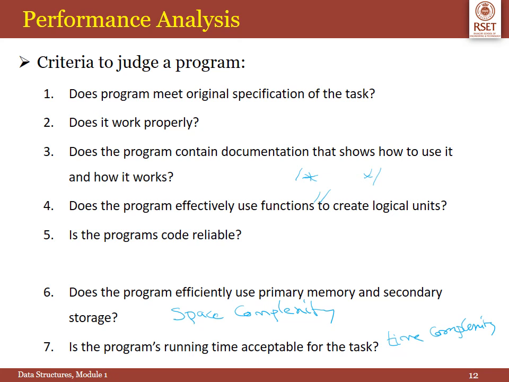And the last is, is the program's running time acceptable for the particular task? Is there any other program which can be executed faster than this particular program that we have developed? So that is your time complexity.